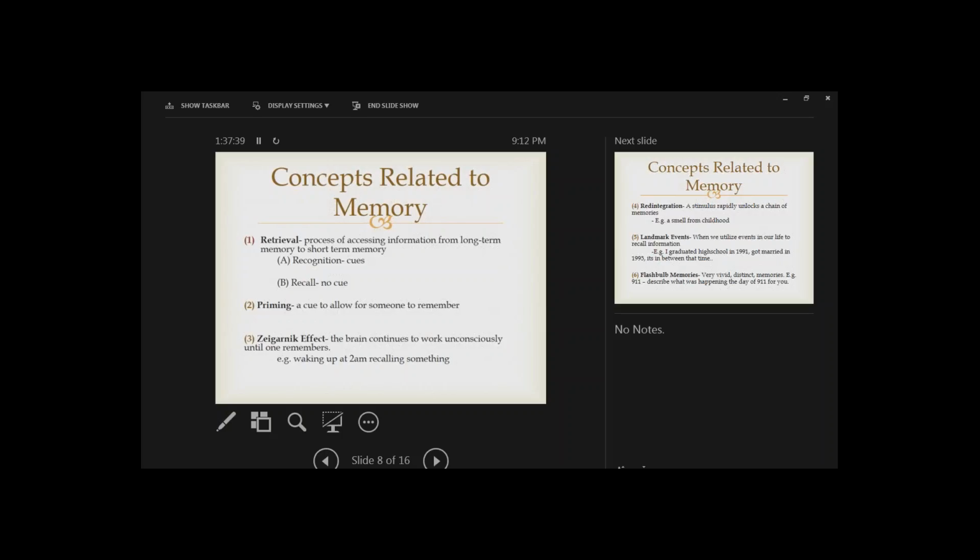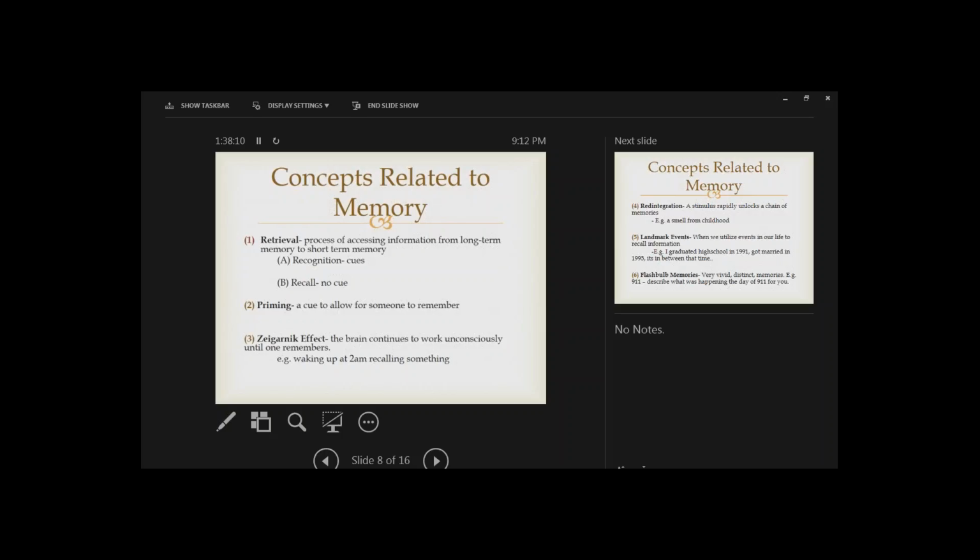So I give you recognition tests every week. Those are multiple choice, right? Because there's some sort of cue involved. Whereas recall would be if I gave you an essay question and said something like, tell me a little bit about how long-term potentiation works. That would be recall, because you have no cues there.